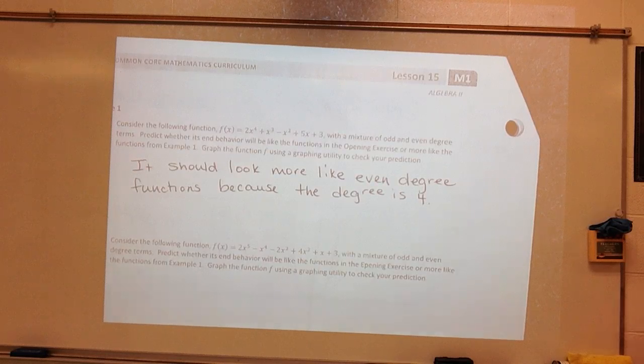When we graph it, we have 2x to the fourth plus x cubed minus x squared plus 5x plus 3.